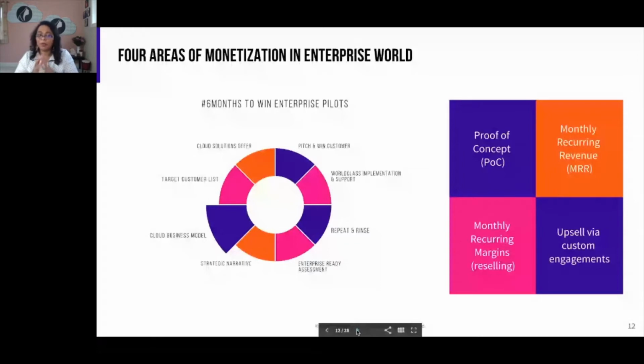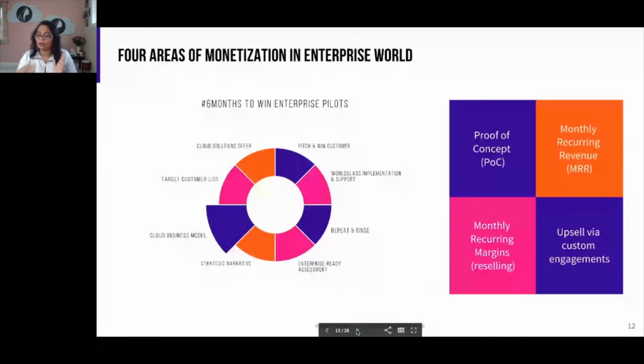But the way you have to look at it, every time you're going into any customer, always have a proof of concept price. In the enterprise market, less than 25 would be a successful proof of concept number. Anytime you go above it, it'll be very hard. You cannot really sell a $1 million deal with the first one. Usually it starts with a pilot and then goes into a bigger contract. The second one is the monthly recurring revenue.